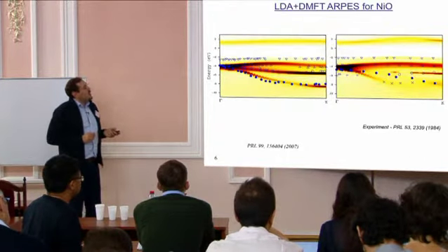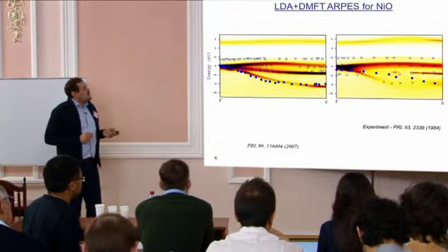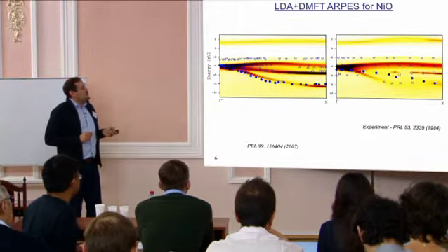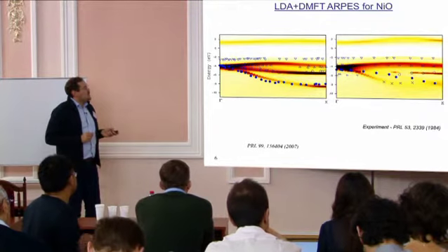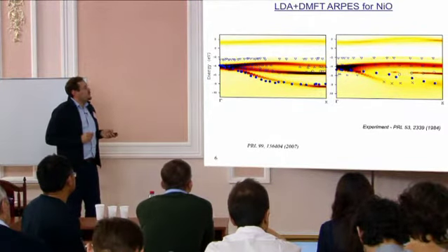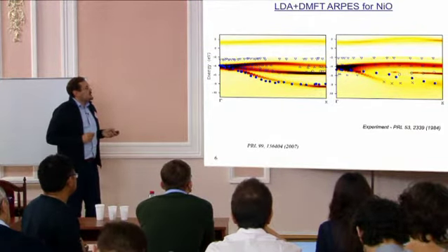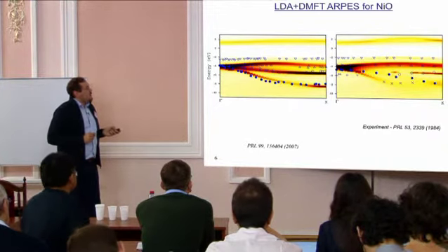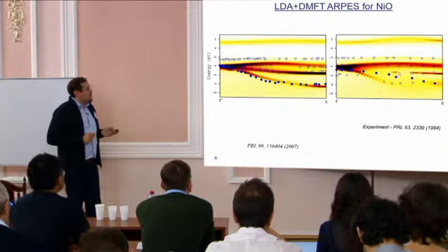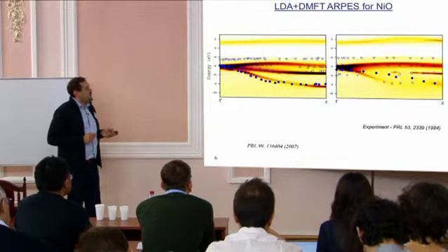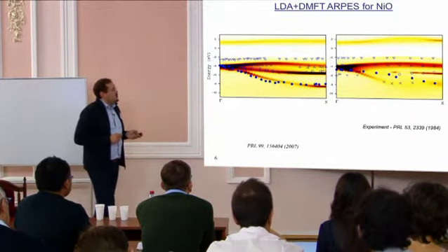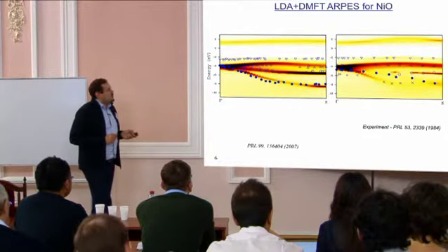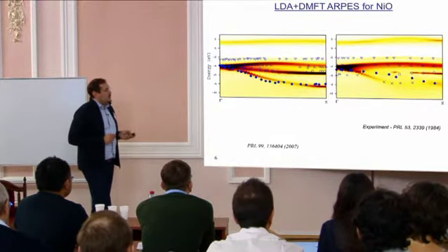This is the comparison of the reciprocal space distribution of states: the experiments are the dashed lines, circles and triangles, and this background picture is the dispersion obtained from the LDA plus DMFT result.